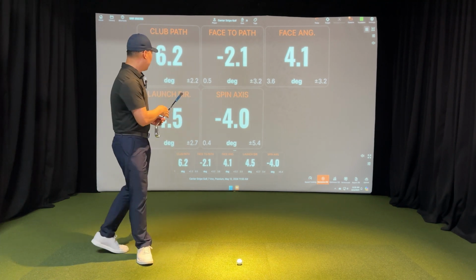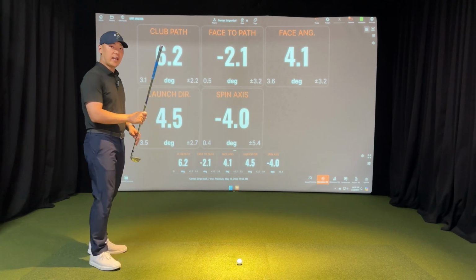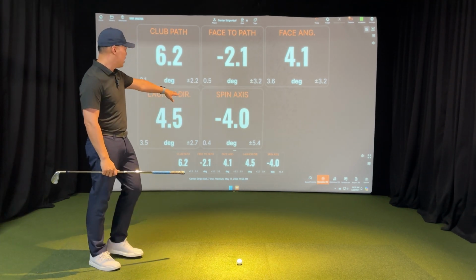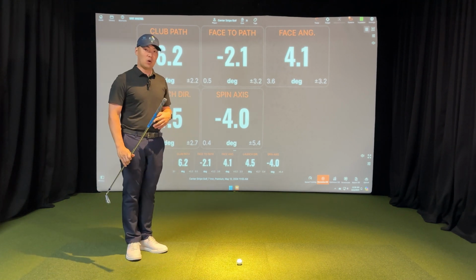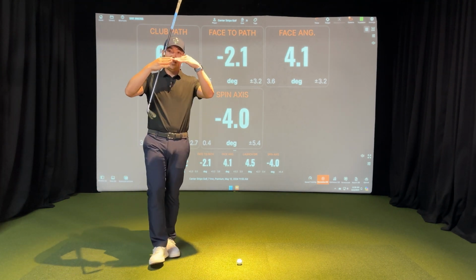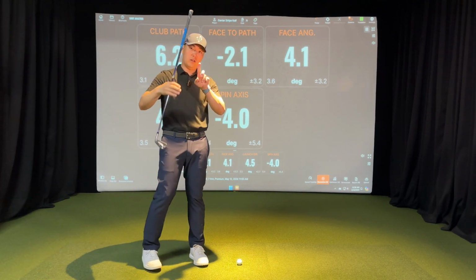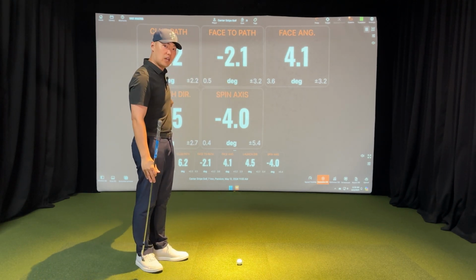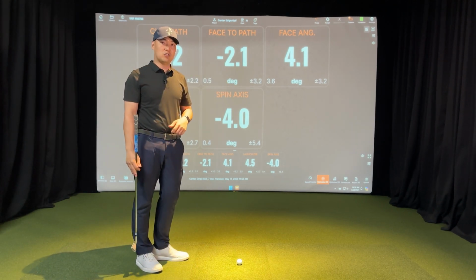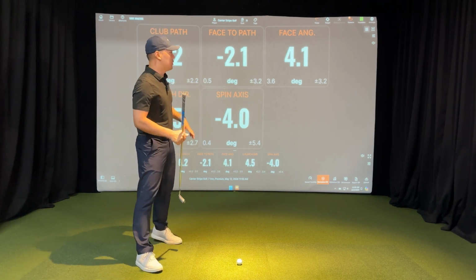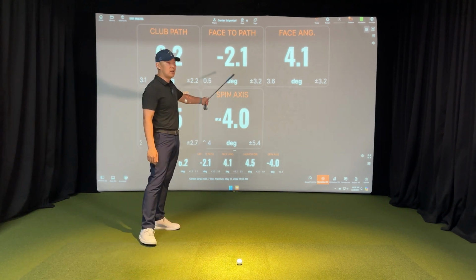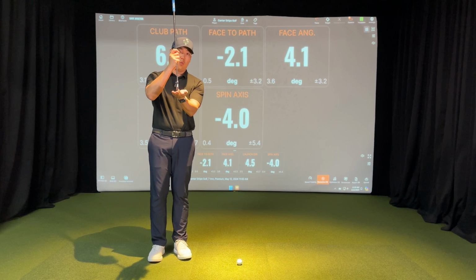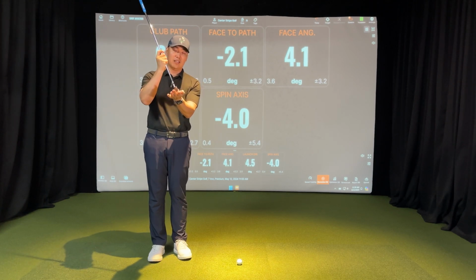What that does is it starts the ball out to the right again by 4.5 degrees, but now my spin axis is -4. So it means it's tilted to the left, meaning the ball is going to start out right and start curving back to the left, which is often called a push draw. And this is all because my face to path here is closed relative to my start line.